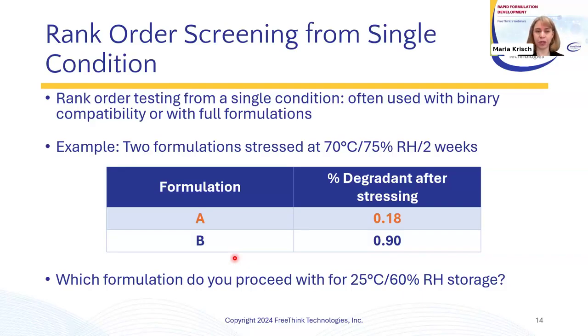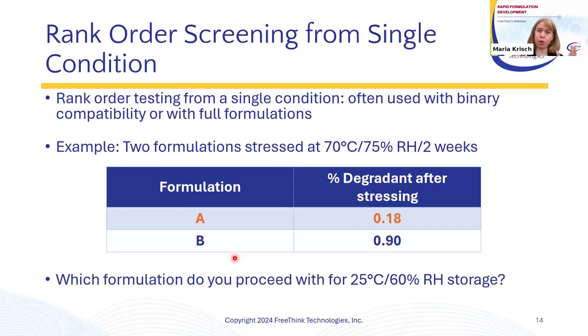One of these formulations gives you less than 0.2% degradant, which is below most unidentified degradant specifications. And one of these formulations gives you 0.9% degradant after 2 weeks. The ultimate question here is, which formulation do you proceed with for 25 degree C, 60% RH storage?